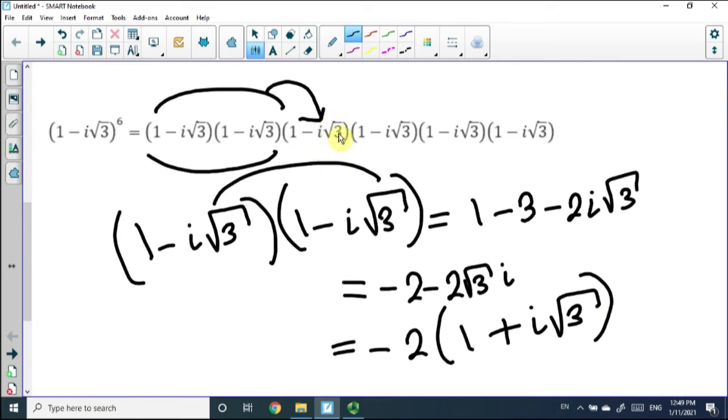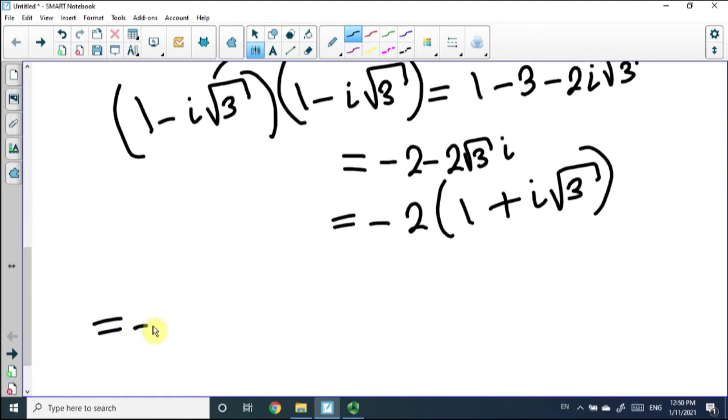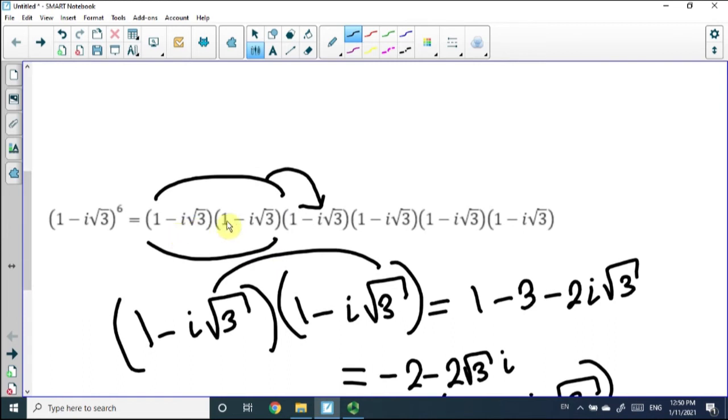Multiply it by the third bracket, and that will give us minus 2 times two complex numbers which are conjugates of each other, and we know the answer for those. Now, this number times its complex conjugate is 1 plus the imaginary part squared, so it's the real part squared plus the imaginary part squared. That is the answer for the first three terms multiplied by each other.